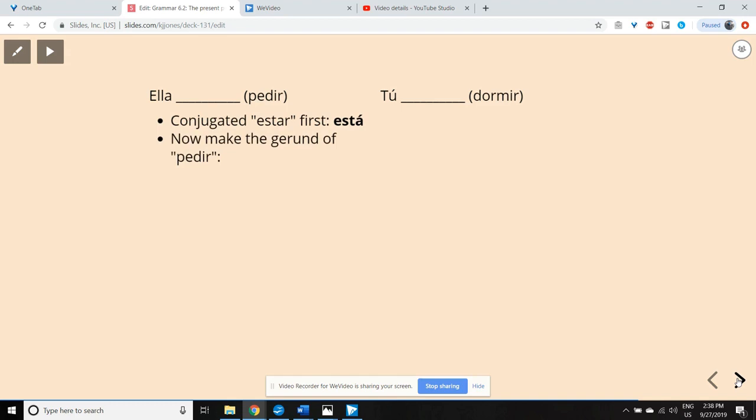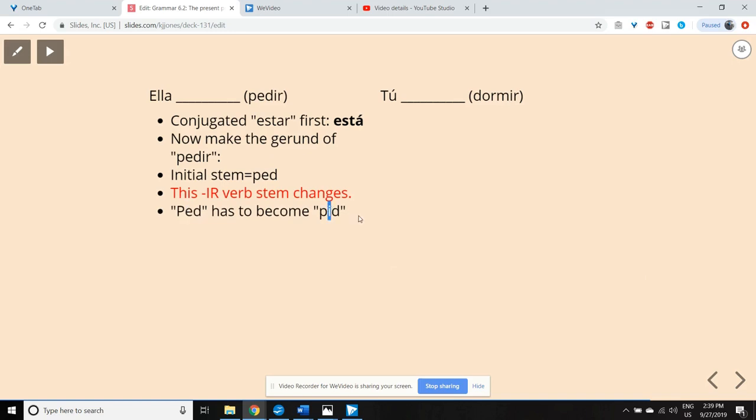Now, we're going to make the gerund of pedir. So the first thing, our initial stem is PED, right? We just remove the IR infinitive ending. This is our initial stem, but we are not done, right? We need to change the E in this stem to an I because this IR verb stem changes. So the PED has to become PID.